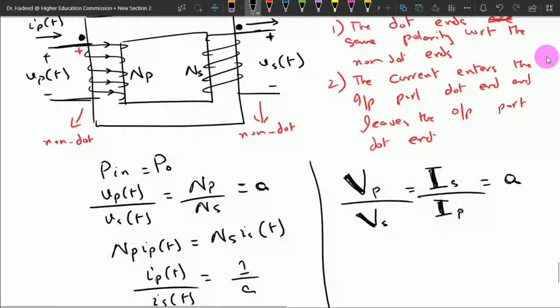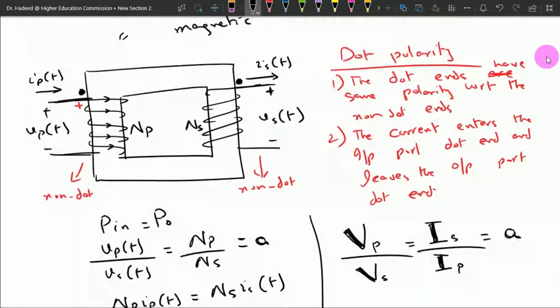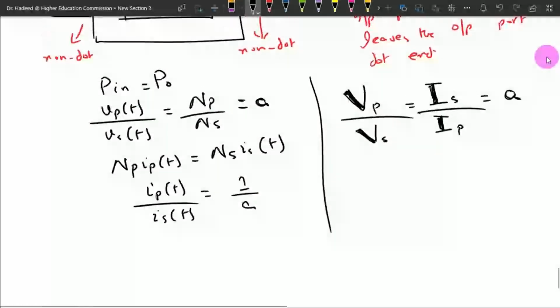This means that if we have, for instance, 1, 2, 3, 4, 5 turns, 1, 2, 3, 4, 5, let us have another winding in here, so that now the number of turns on the primary side is greater than the number of turns on the secondary side. Then if there is a load connected, the current in the primary side and in the secondary side interact in an opposite way as compared to the voltage available on the secondary side and in the primary side.